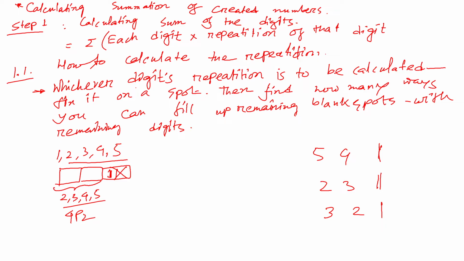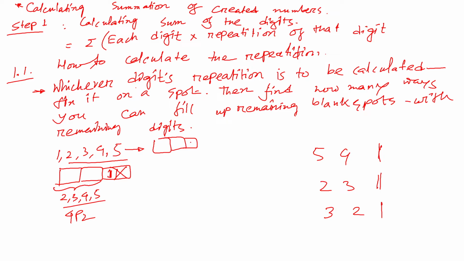Now obviously, how many total 3-digit numbers can you create using 1, 2, 3, 4, and 5? In 3 spaces.